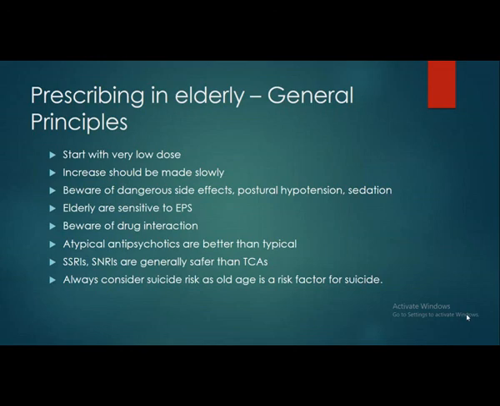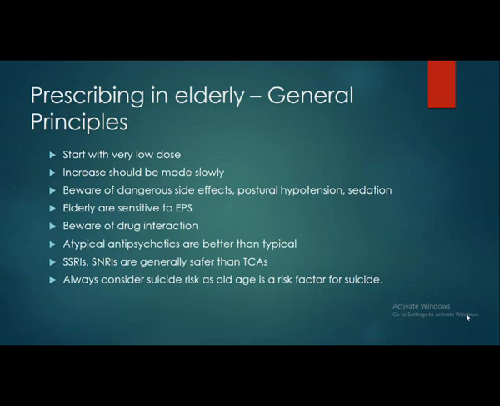And if you are going to increase the medicine, the increase should be slow, because the chances of side effects are quite common in this age group, such as sedation and postural hypotension, and elderly patients are quite sensitive to extrapyramidal symptoms. So dystonia or pseudo-Parkinsonism, the Parkinsonian features, are quite common.